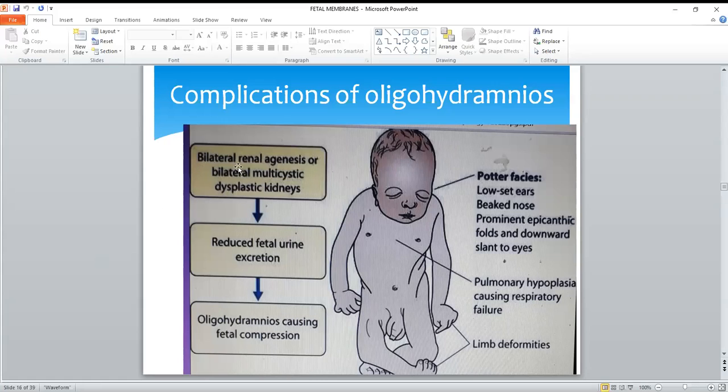This is just a repeat of what I'd said. Bilateral renal agenesis: when you hear of agenesis, it means it has not been formed. So we have renal agenesis, then reduced fetal urine excretion, which can result in oligohydramnios.